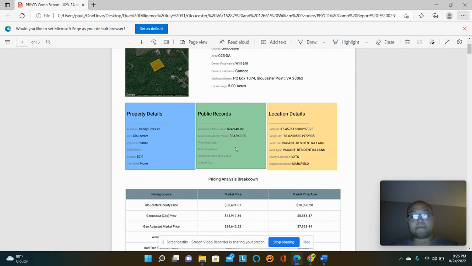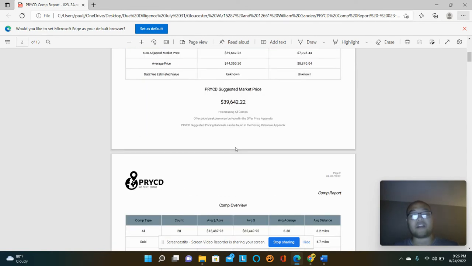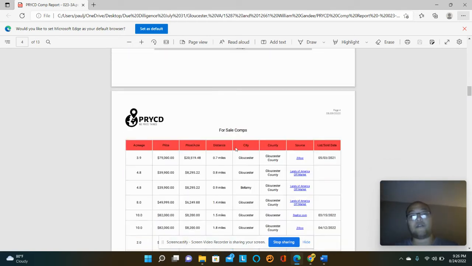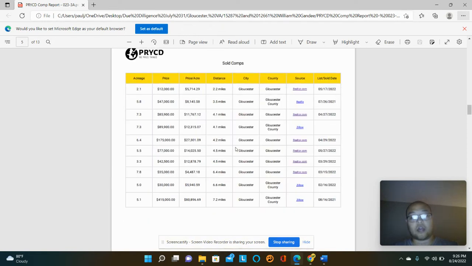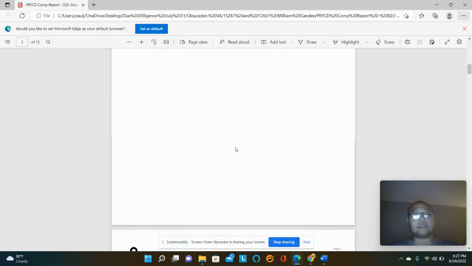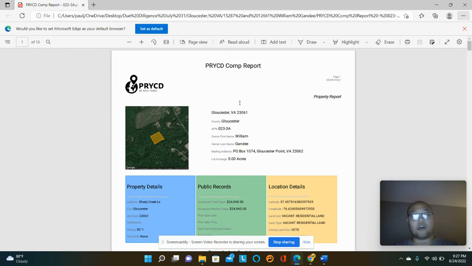But that's it. Overall, I would say Price is more generous than I am with my pricing. Some of the for sale and sold comps, I would not organize that way. So I'm looking at maybe using a different software, maybe something like PriceBot, or just using the system that I've been using, and that's in the course in the description below.